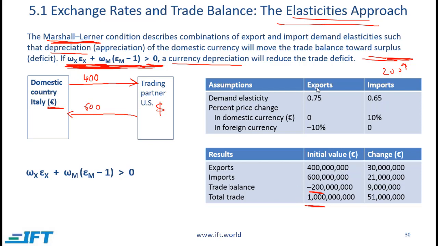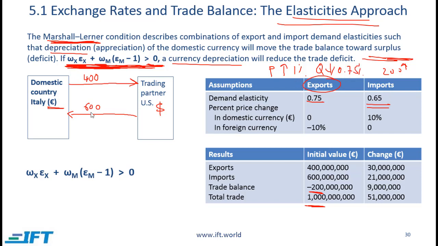We are also told that the demand elasticity for exports is 0.75 and the demand elasticity for imports is 0.65. And what do these numbers mean? A demand elasticity of 0.75 means that if prices go up by 1%, then the quantity demanded will come down by 0.75%.